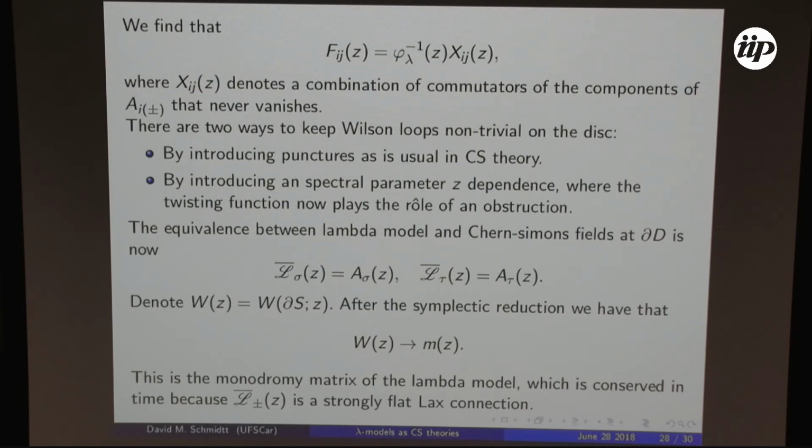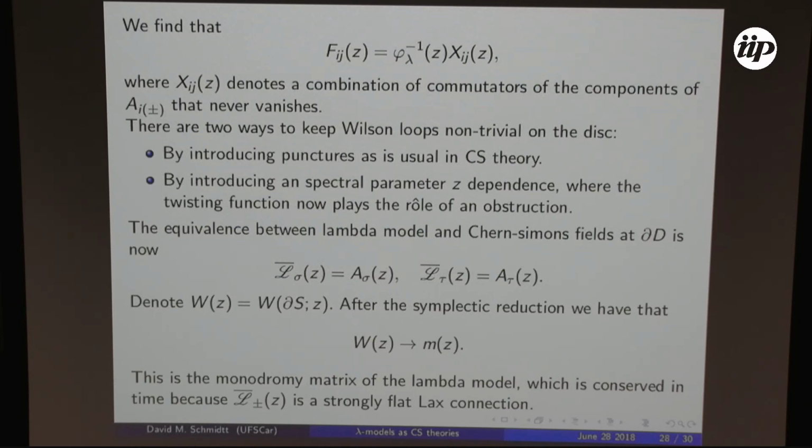Okay. So this is the link between the two theories. If I denote by W_Z the Z-dependent Wilson loop in Chern-Simons theory, but around the boundary circle, then after the simplicity reduction we should have the correspondence between W and the monodromy matrix of the lambda model.